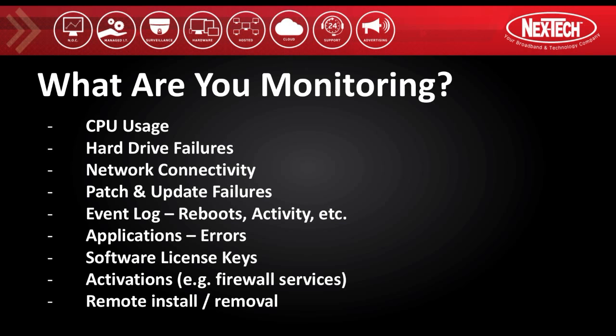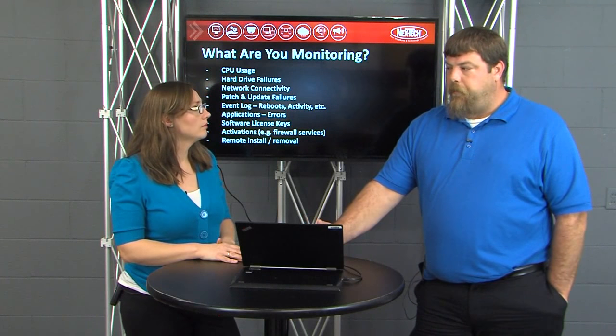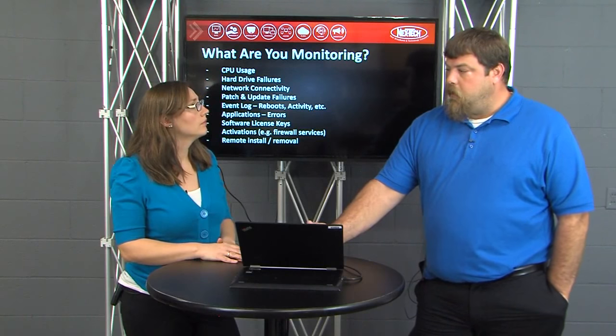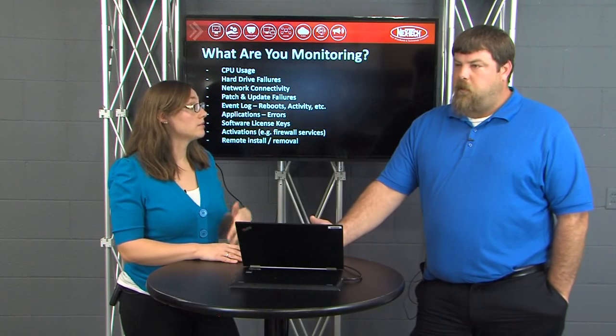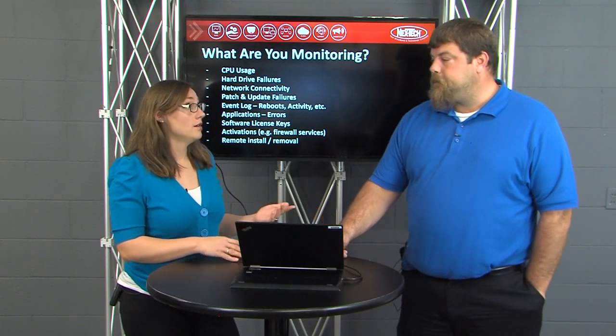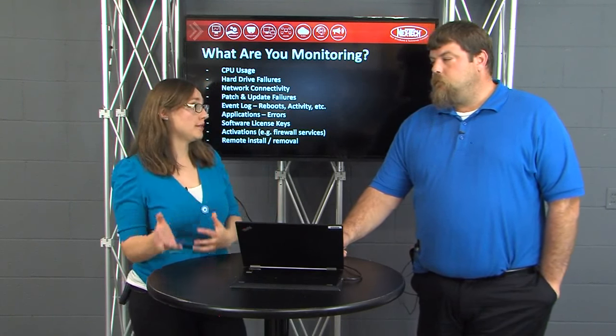A lot of times there are issues with applications and even in the event logs that maybe you don't see right away. Maybe it doesn't cause the application to crash or the computer or server to reboot, but it's leading up to that, and we can correct the issue before it happens. So you could actually prevent real crashes from happening.